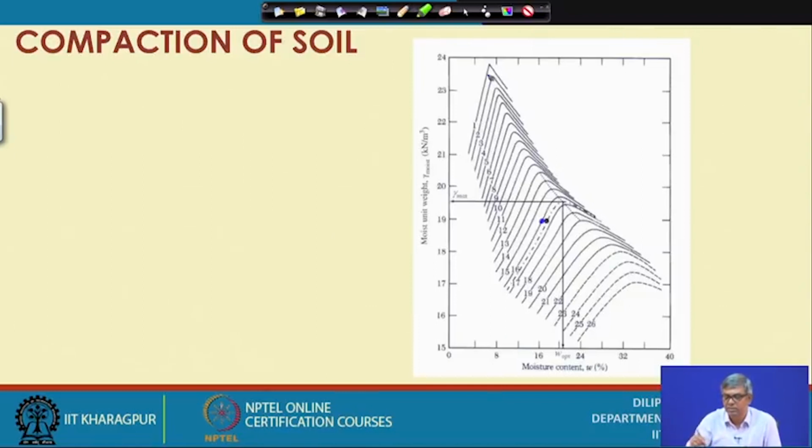If you have such a master curve for the same soil at different energies, and then you do one test with a different energy, it can come somewhere here, slightly below. Then I can draw a curve like this, and from there I can find the optimum moisture content and dry density.